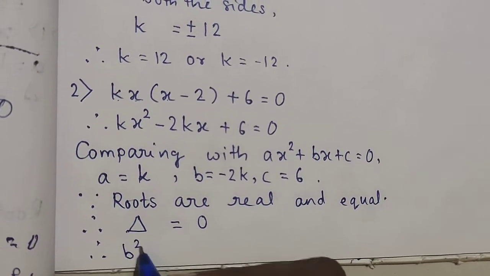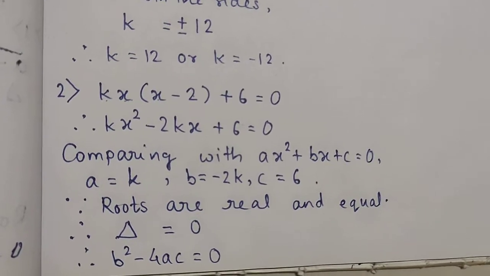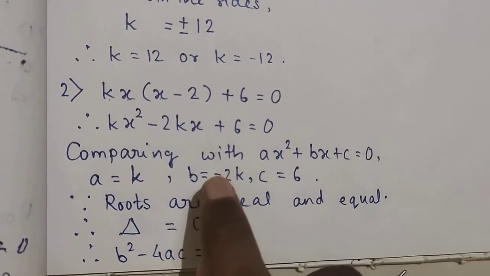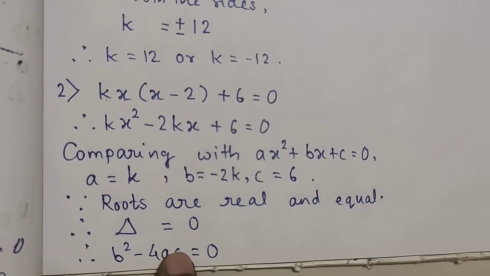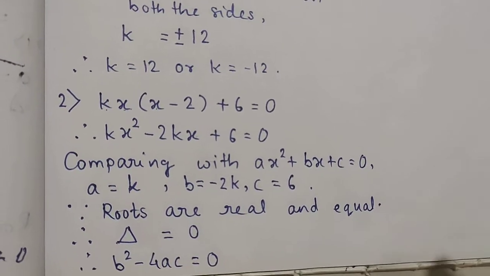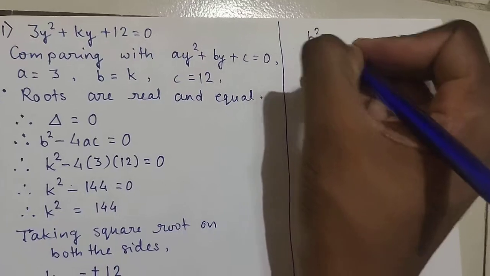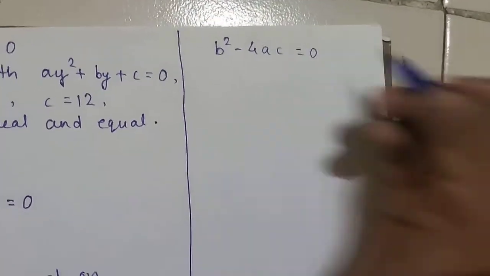That you know, b square minus 4ac. Okay students, now in b square minus 4ac, you are going to substitute the values. So let us do that. What I have written here is b square minus 4ac equals 0.